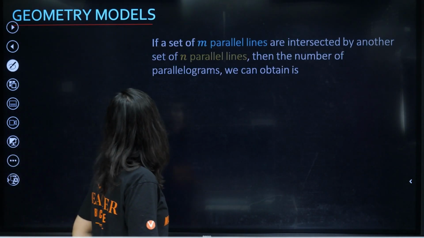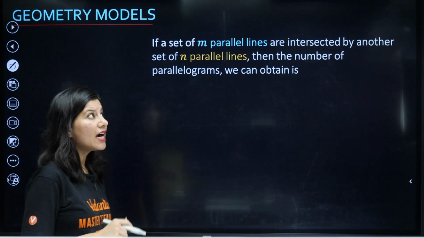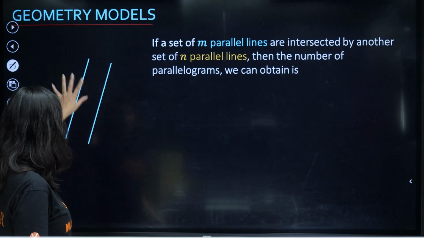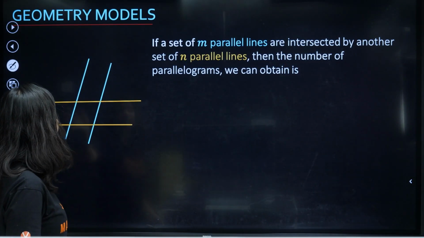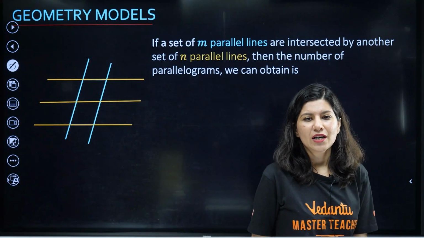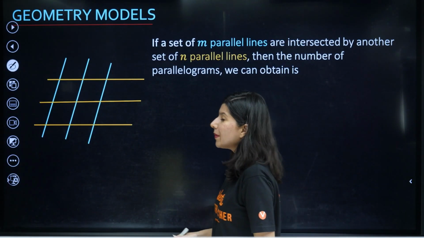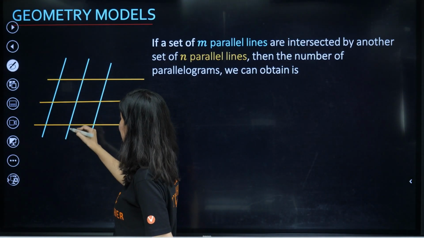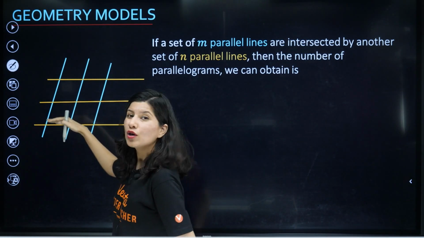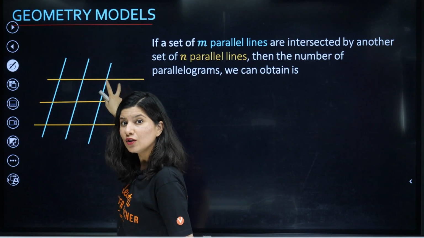Clear? All right. Now parallelogram. Suppose there are m parallel lines of one kind and n parallel lines of another kind. How many parallelograms can you form? Just understand how you form a parallelogram. To form a parallelogram, you actually need four sides: two of one kind of parallel, two of another kind.